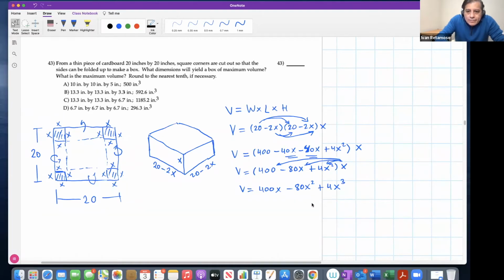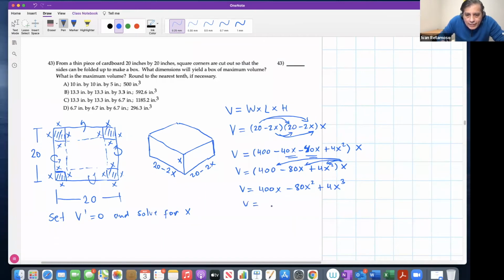Now, next, I have to set the derivative of my cubic function equal to 0 and solve for x. This will tell us what value of x will maximize the volume. So the derivative will be what?